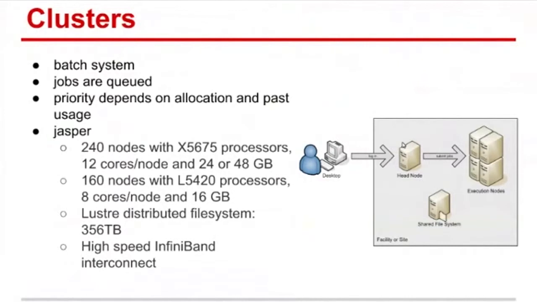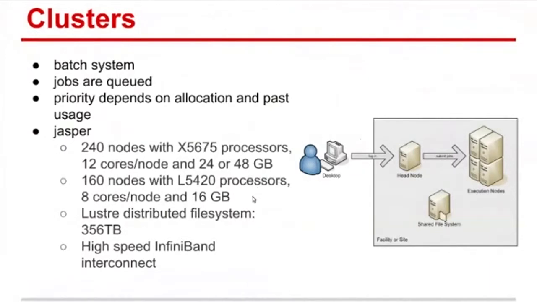So for example, in Jasper, we have 240 nodes with X5675 processors, which have 12 cores per node and 24 or 48 gigabytes of memory, and 160 nodes, which are older machines, with 8 cores per node and 16 gigabytes of memory.